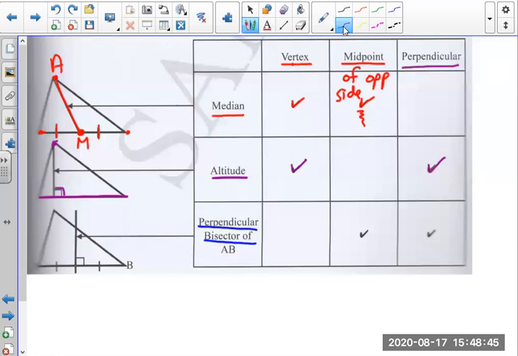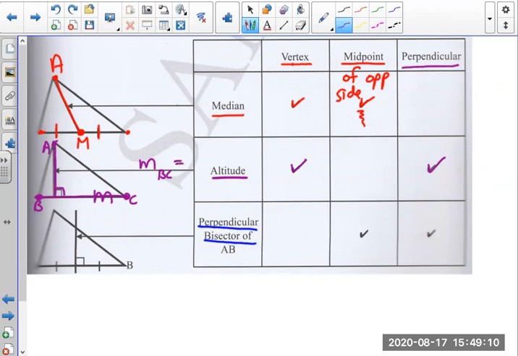So what do you do now? You are first going to get the gradient of this line. Say this is ABC. Then you are going to get the gradient of BC, and then you are going to get the gradient of this vertical line.